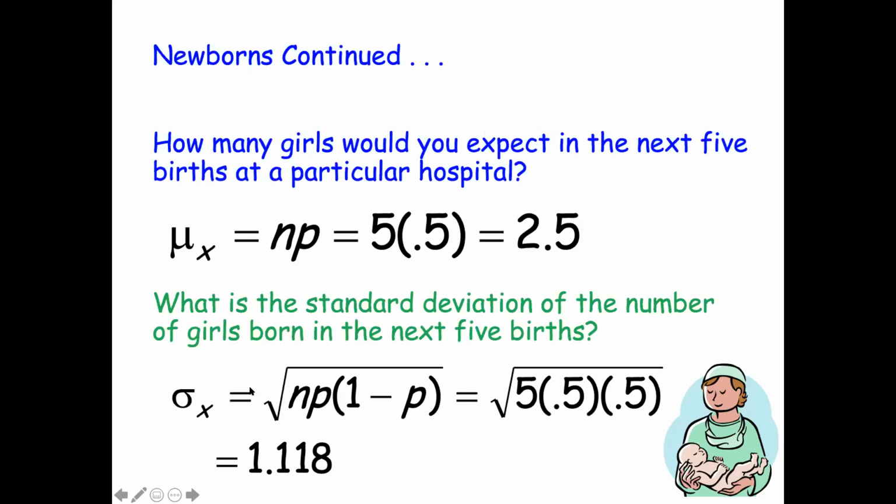Standard deviation, you would use square root of np times 1 minus p. So square root of 5 times 0.5 times 1 minus p, which is also 0.5, giving me 1.118. That is how you find the mean and standard deviation of the entire distribution of the situation.